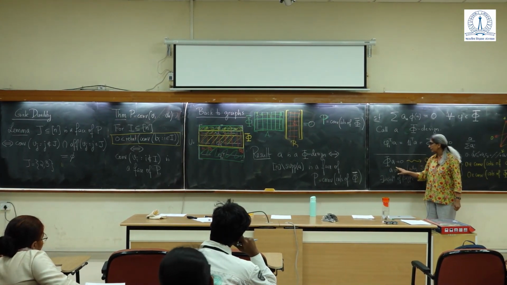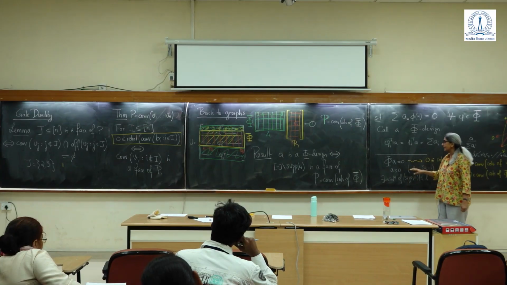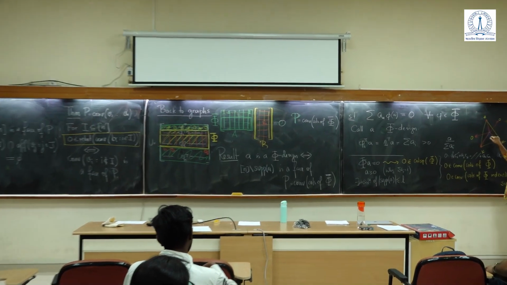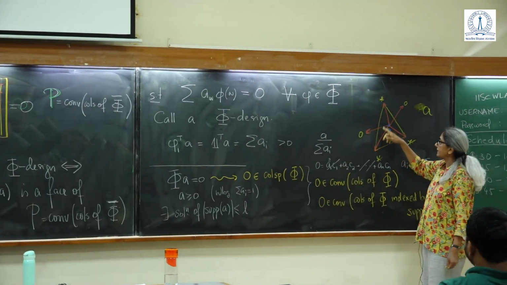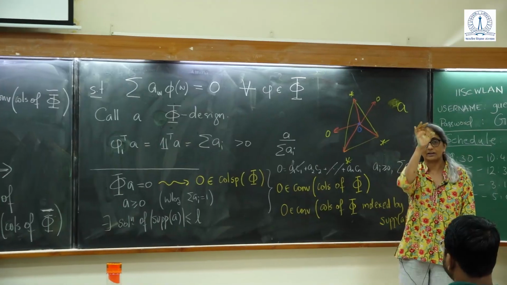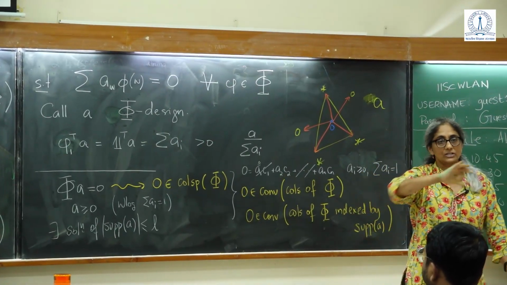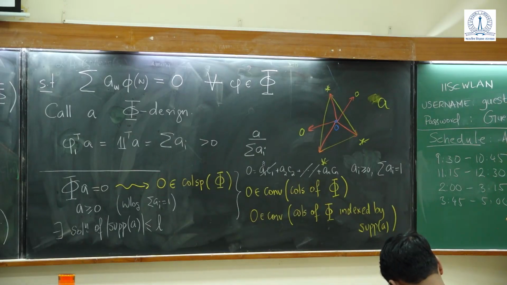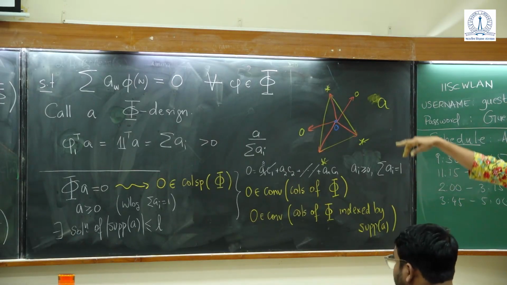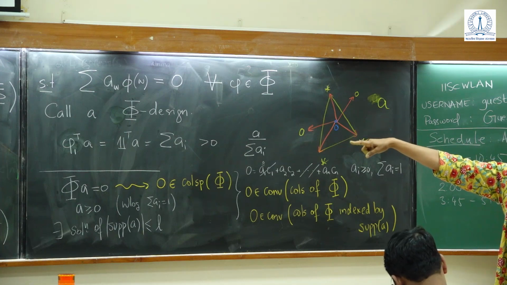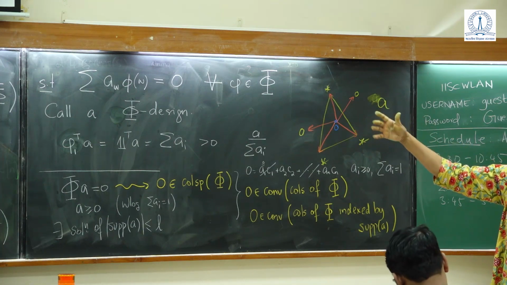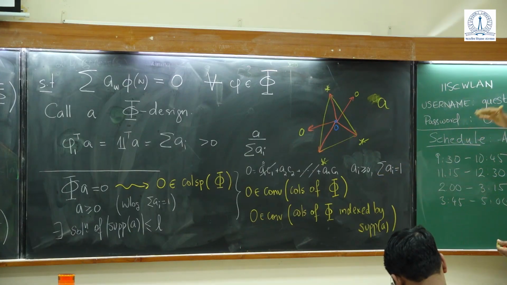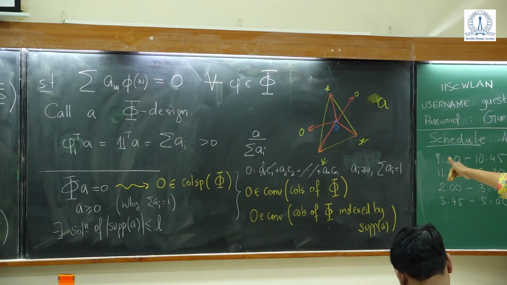So, if I have an A that satisfies this, then I'm getting some collection of the red columns that contain 0 in the origin. If I pick a different A, I get a different collection of red columns that have 0 in the origin, okay? So that is like the top part of the theorem because it's saying 0 lies in the relative interior of the convex hull of some of the B's, okay? So let's look at all of the B's, which are all the red stuff.